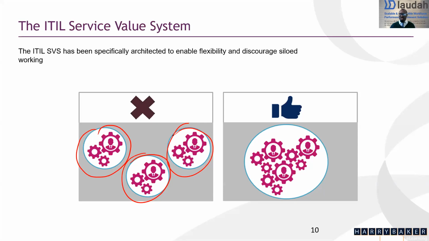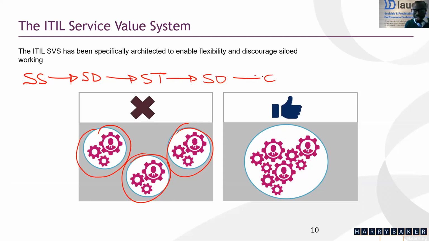But now we felt, no, everybody works together. So whether you're in service strategy in version 3, or service design, or service transition, or service operation, or CSI, we all work together.